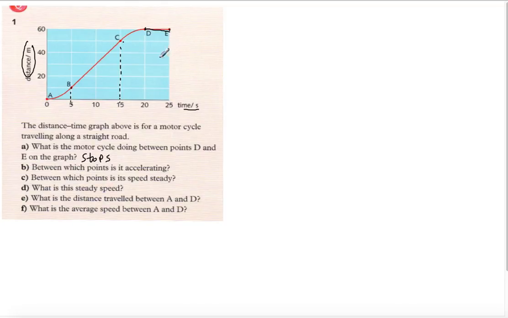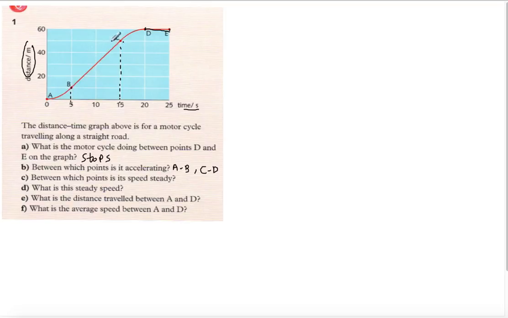If speed is constant, acceleration is 0, but between A and B there is an increase like an x squared graph, so here it is speeding up. The object is speeding up, so it is accelerating between A and B. Also between C and D, as you see, again it is speeding up.